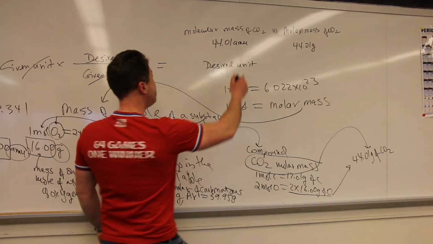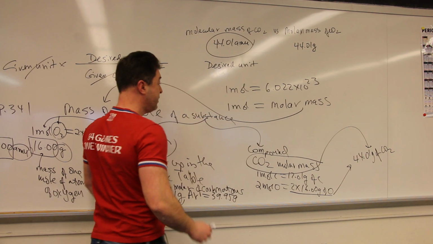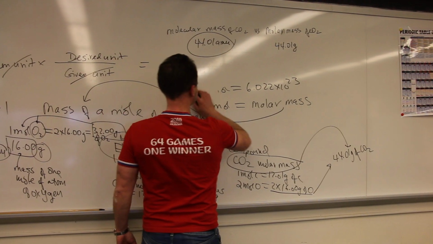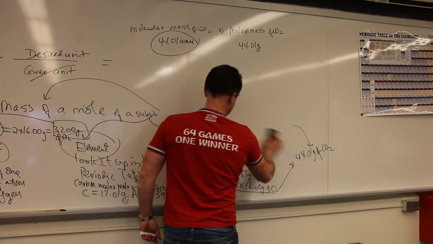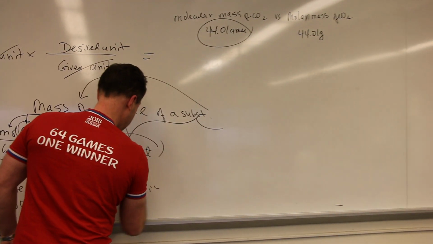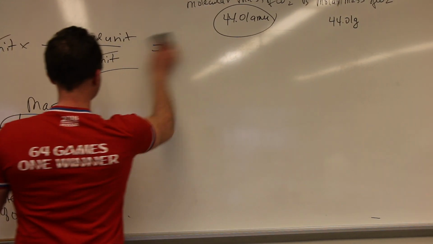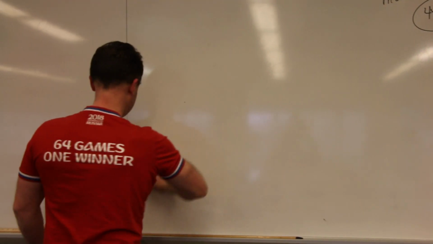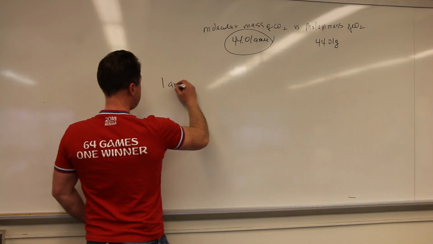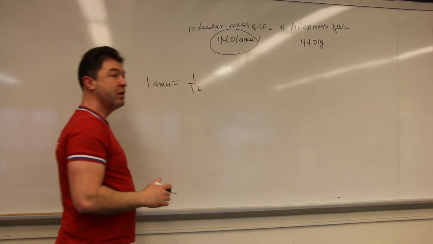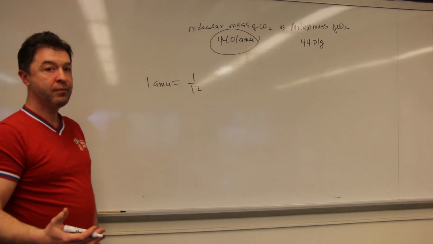But what is this mass in grams? That's a good question. So before I find out the real mass in grams for a carbon dioxide molecule, let me just define AMU again. And the AMU is defined, and I did it before, guys, in the class when I had face-to-face contact with you, that 1 AMU is equivalent to 1/12 of the mass of a carbon-12 isotope atom.